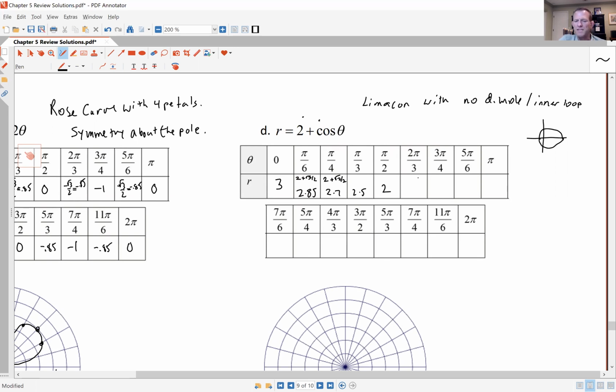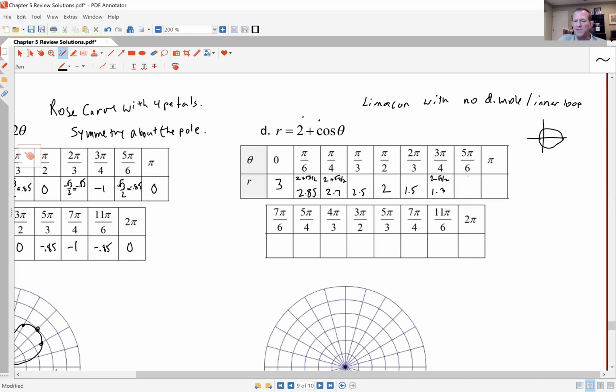Now the cosine turns negative. Cosine of 2 pi over 3, that's negative 1/2. 2 minus 1/2 is 3/2, or 1.5. Cosine of 3 pi over 4 is negative root 2 over 2. 2 minus root 2 over 2 is 2 minus 0.7, or 1.3.